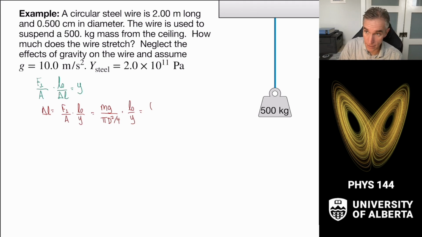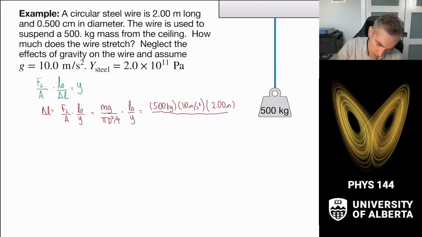So the mass, from the problem, is 500 kilograms. The g is 10 meters per second squared. The length is 2.0 meters. Then we divide by pi times the diameter, which is 0.005 meters. Notice my conversion to metric on the fly.